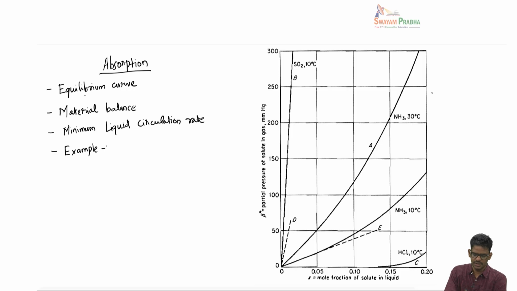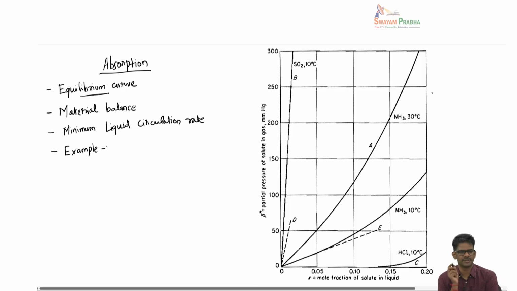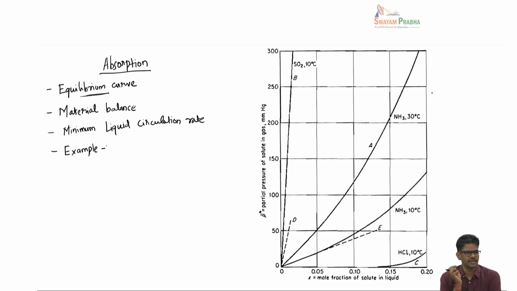Now, the equilibrium curve is something that relates the equilibrium solubility of a solute in a liquid. Okay, in the chemical engineering thermodynamics course, you must have studied something called solubility of gases in a liquid. So here we are talking about something same. If I have a gas mixture and one of the solutes is soluble in a liquid, how do we estimate the solubility?